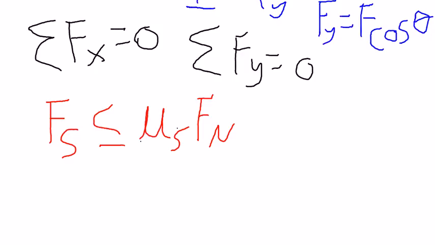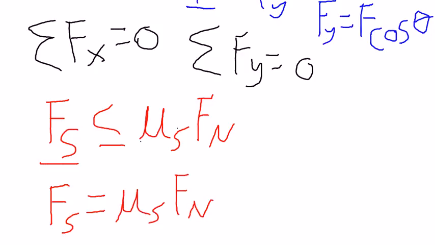If you're looking for the maximum angle, that means we're going to lean the crutch over as much as we possibly can before it starts to slip. So we're looking for the point at which our static force of friction is maximized, and it will be maximum when it's equal to our coefficient of static friction multiplied by the normal force. Go ahead and give that a shot and let me know if you have additional questions.